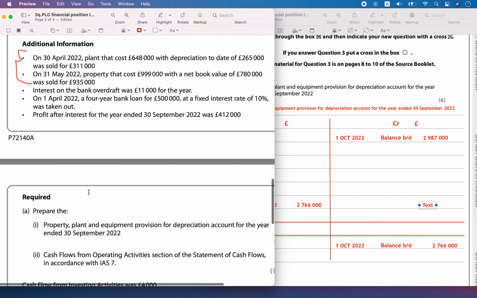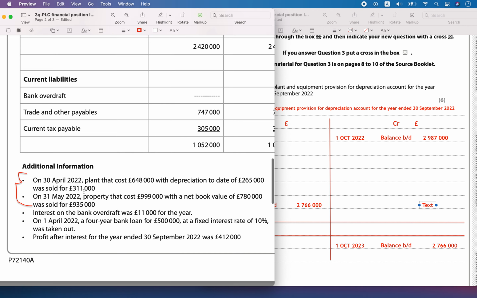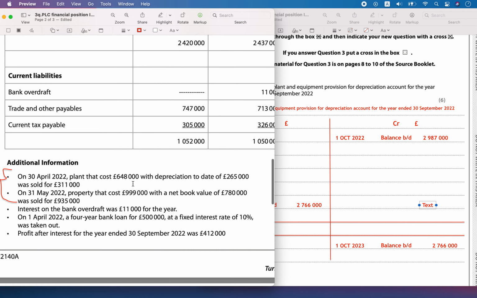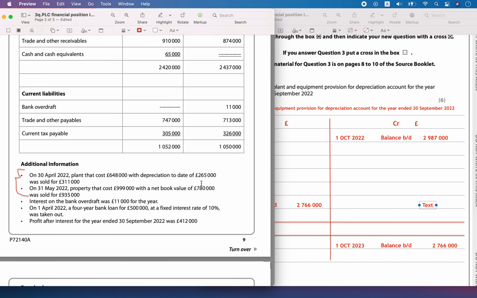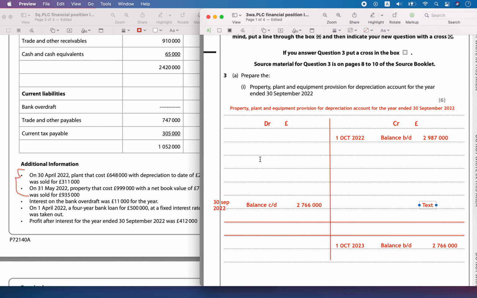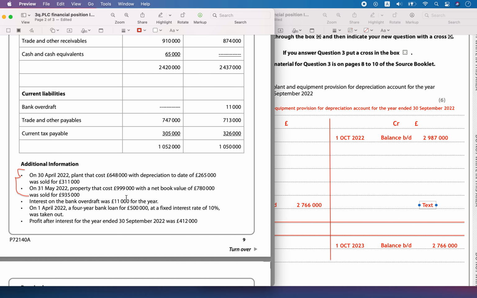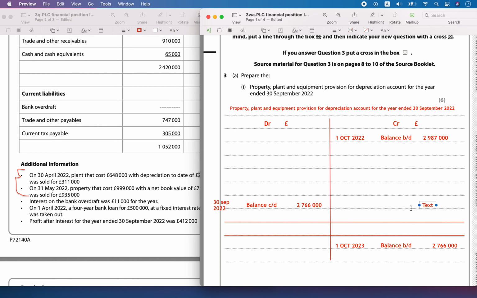So we can see that for the first one, what is the provision we have to remove? This is a beginning provision. Any provision removal due to disposal you will enter on the debit side, the opposite side. Now the cost of this equipment was 648,000, but the total depreciation was 265,000.